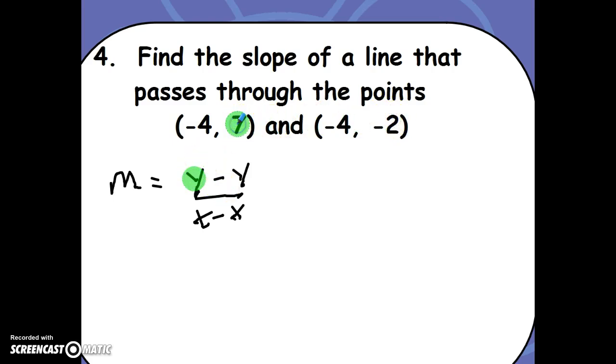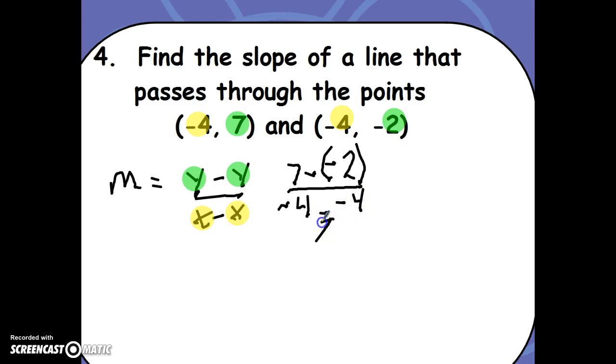The y's are 7 and negative 2. So I'm going to be subtracting 7 minus a negative 2. Make sure you have a minus sign in front of that negative 2. Okay, and then I have my values of x that I'm subtracting next, here and here. And so I have negative 4 minus a negative 4.